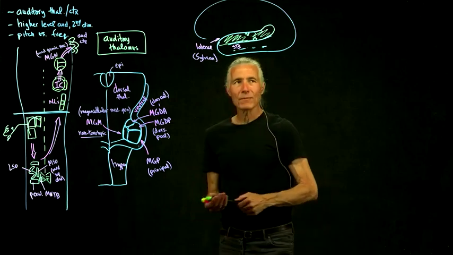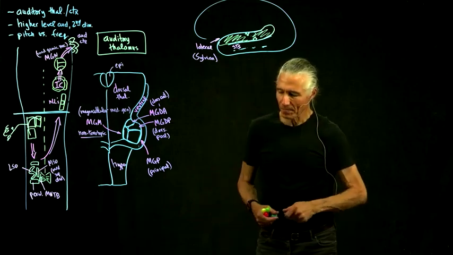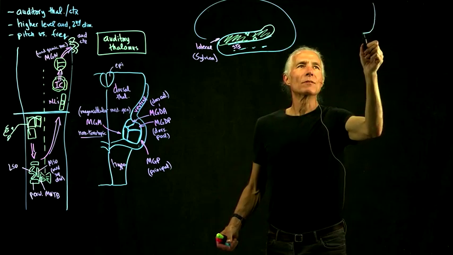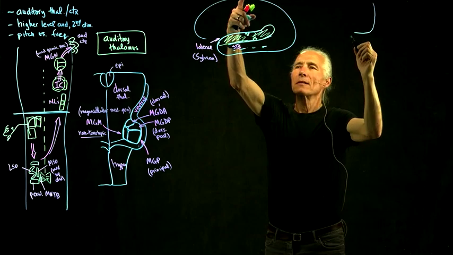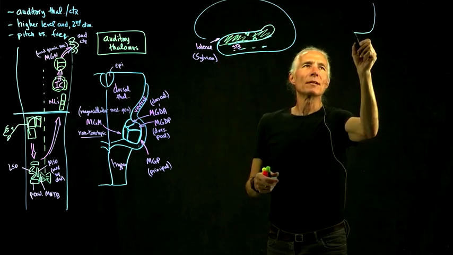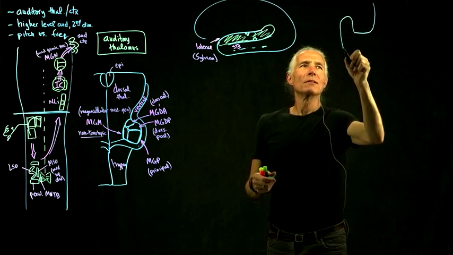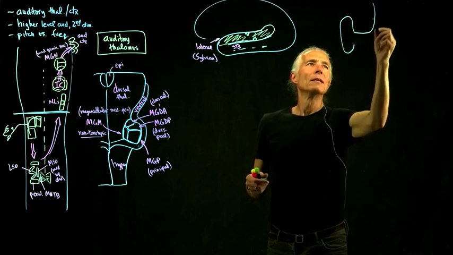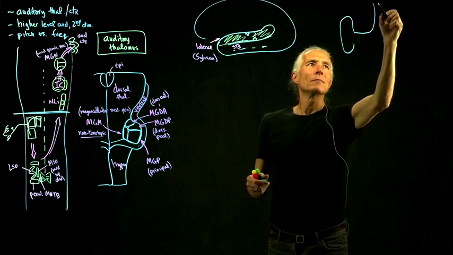And if we draw a side view, sort of a transverse section. So if we cut down through here, what you have is the insula, and then, let's put it like this.